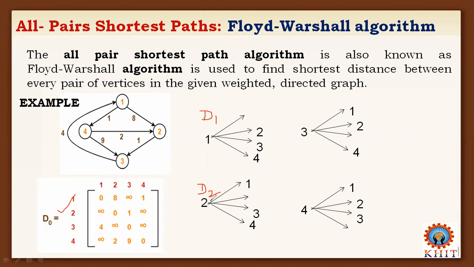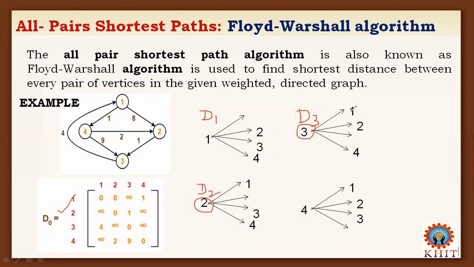So consider vertex 2 as the starting vertex, and for the remaining vertices we need to find the minimum distance, 2 to 1, 2 to 3, 2 to 4. Next, you can find the distance of D3. For D3, you need to find the minimum distance from the given vertices to all the leftover vertices.